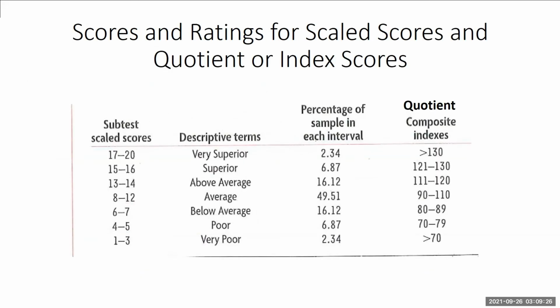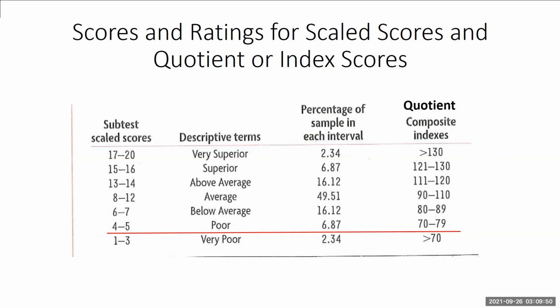Because of the difficulty interpreting equal interval scores when given the numbers, descriptive terms have been assigned to intervals of test scores. In the table, a child who received a scaled score of 4 or 5 would be assigned a poor rating. This would include slightly fewer than 7% of all children that age.